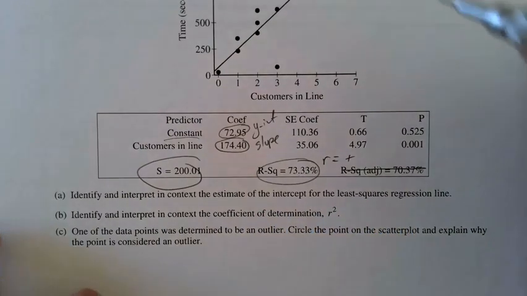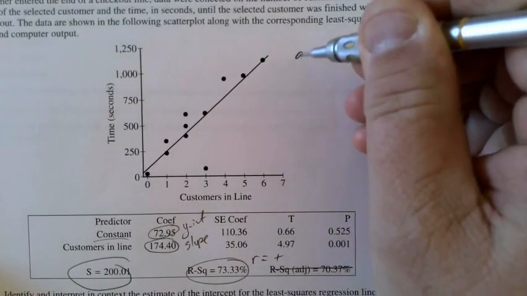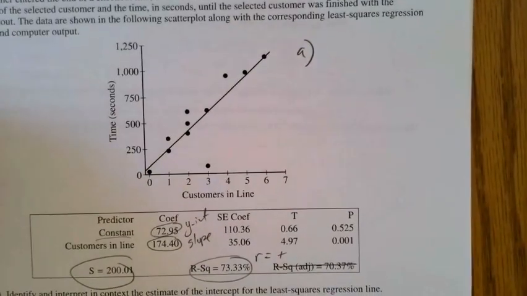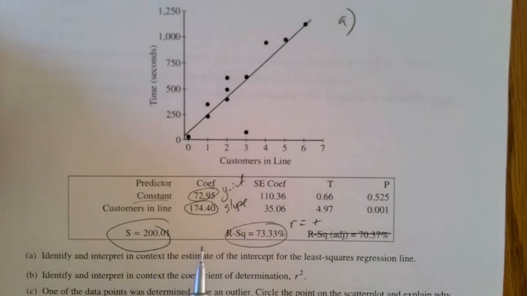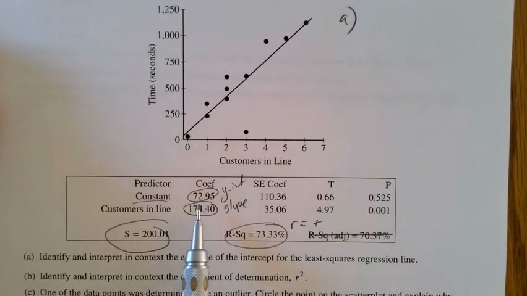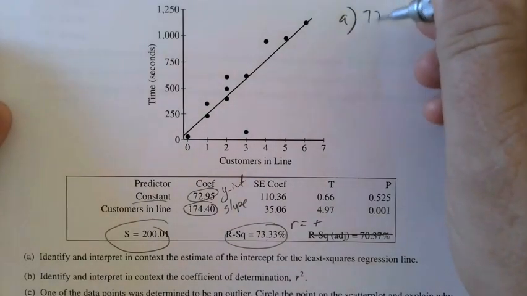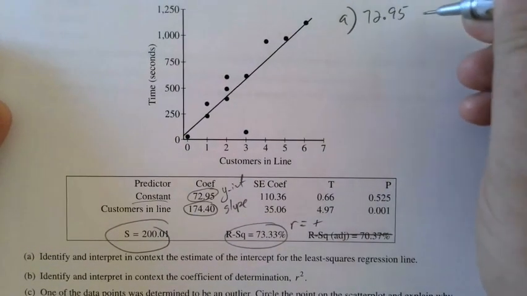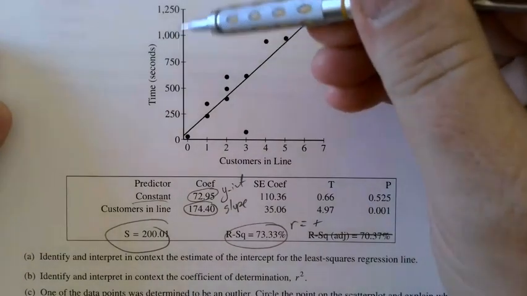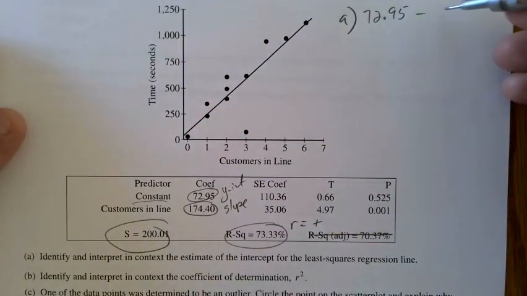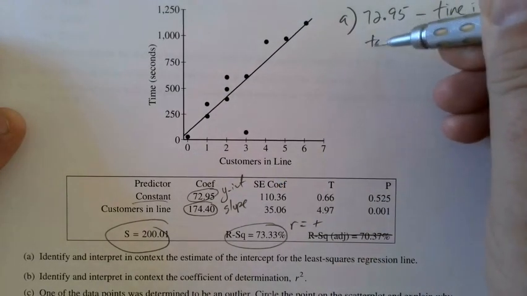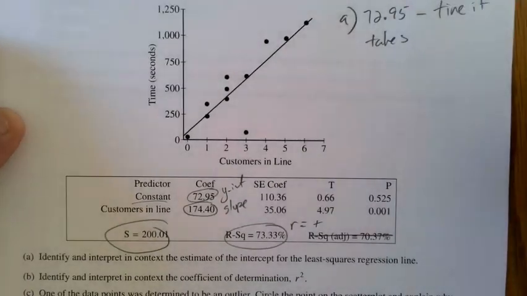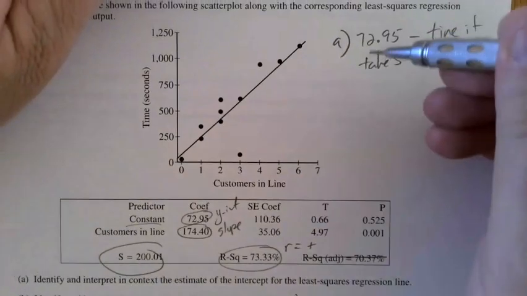So I'm just gonna pull off to the side here. A, the intercept for the least squares regression line. Well, the intercept is right there. So it's 72.95. Now, that's the y-intercept. So in context here, think about this as an ordered pair.